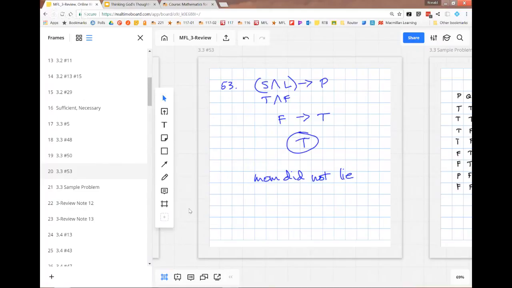So I wrote that as spinach and liver, S and L, if that, then play, P. So the question is, the child eats only the spinach. That means the first part of the statement is going to be false because the kid did not eat the spinach and the liver.